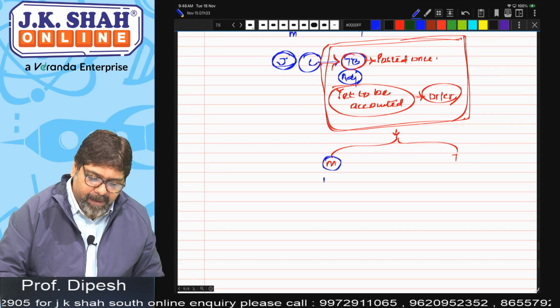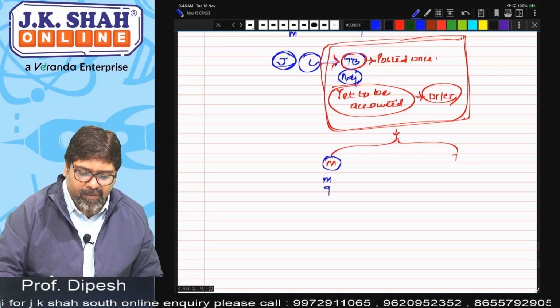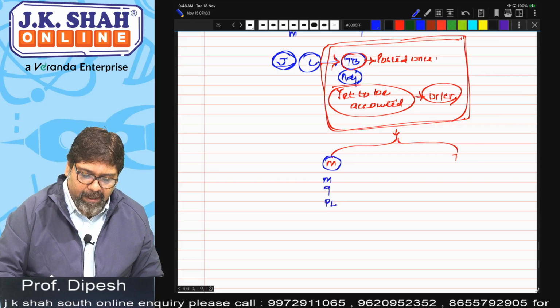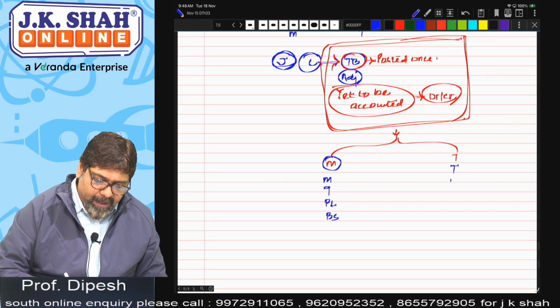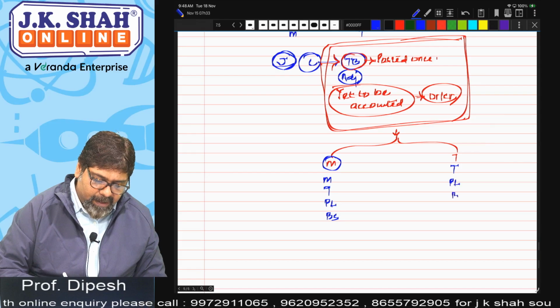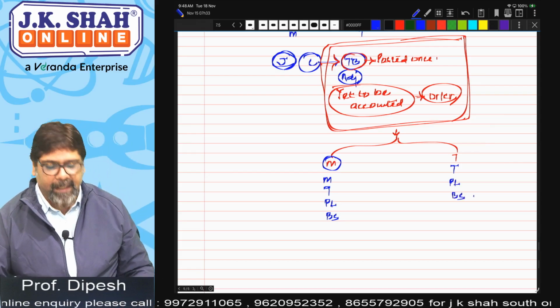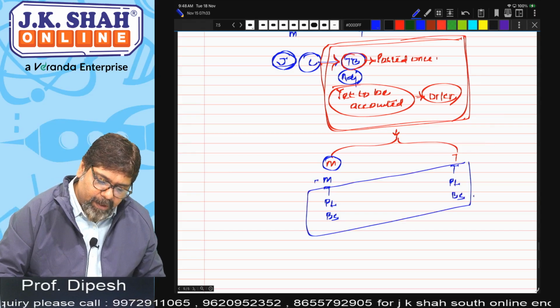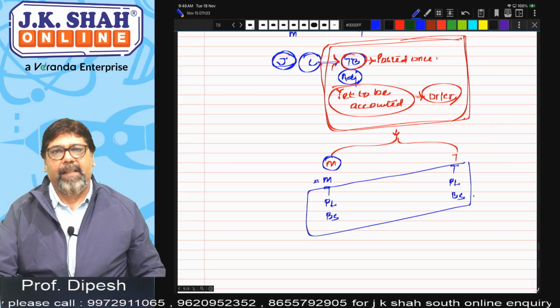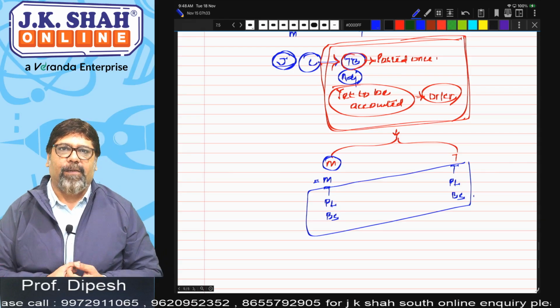Manufacturers will first prepare the manufacturing account, then trading account, then PL account, and then balance sheet. Traders will prepare trading account, PL account, and balance sheet. Only the manufacturing account is the one extra account manufacturers prepare.